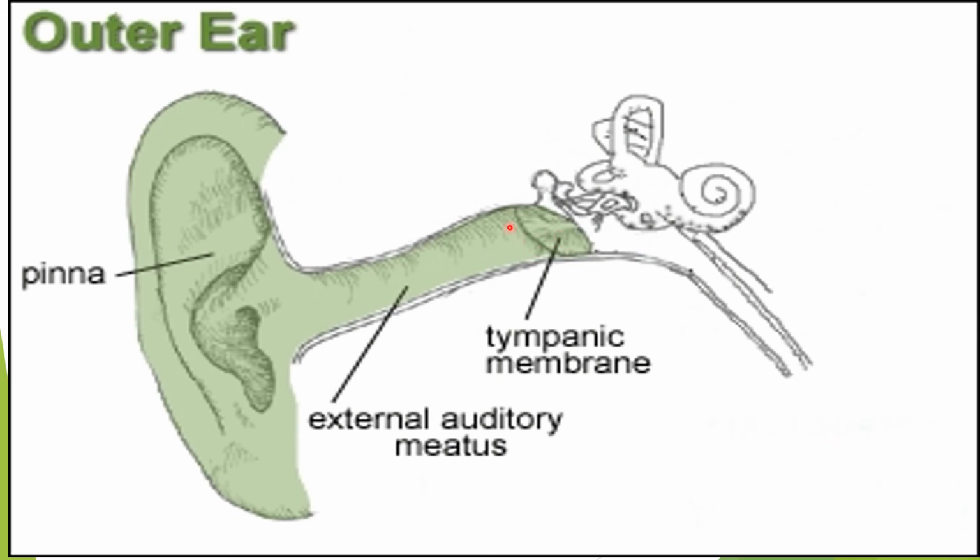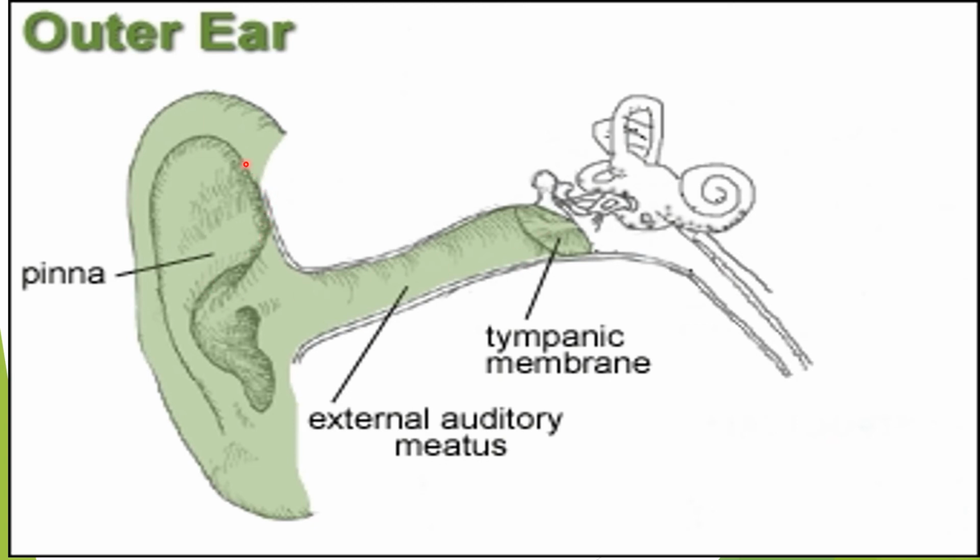Now the tympanum is a tightly stretched membrane having the diameter of a pencil head. It receives the sound waves and starts vibrating. So, the function of the tympanic membrane or the tympanum, commonly called the eardrum, is to convert the sound waves into mechanical vibrations.